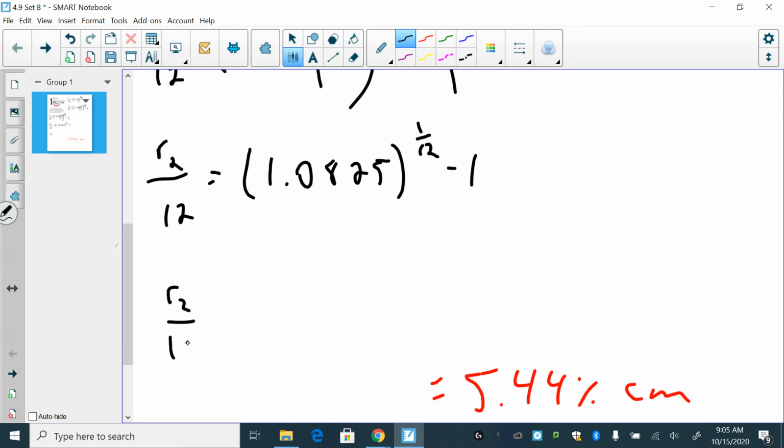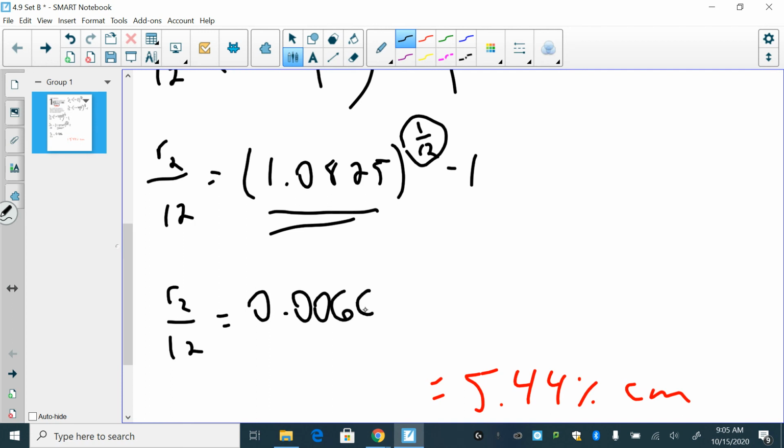I'm going to just do this to the exponent of bracket 1 divided by 12, close the bracket equals. So that's what I'm doing here. And then I'm going to go subtract 1. Okay, so that works out to 0.006627 97.